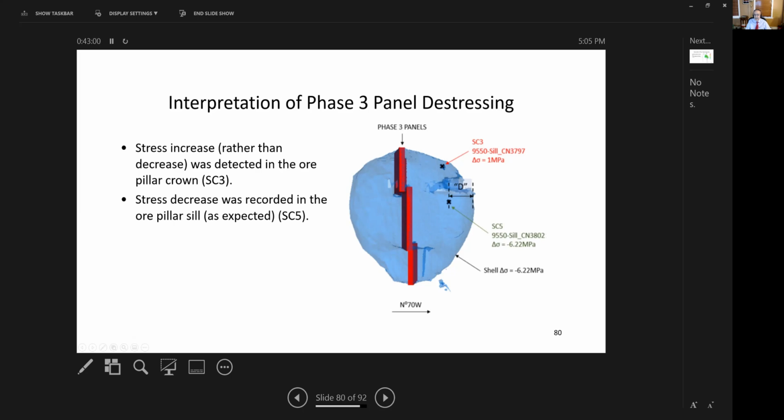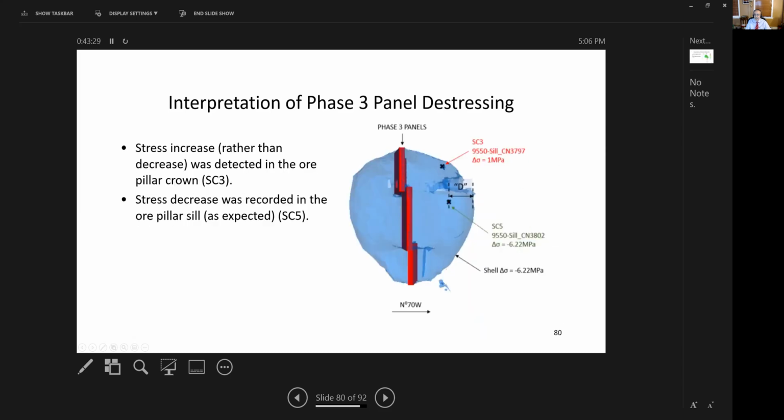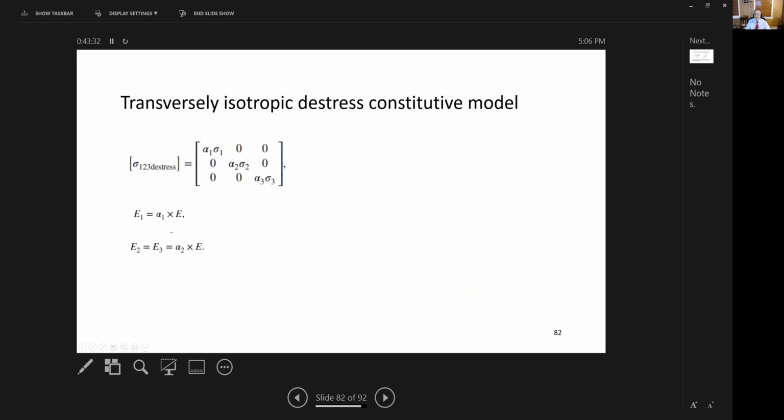And the model is saying if we use alpha and beta of 5 and 95%, it should decrease, but it didn't. At the same time, there was seismic activity triggered by the phase 3 blast. It occurred north of the phase 3 blast. And this pattern suggested to us that weaker stress trapping is taking place around the crown relative to the sill. The sill got well shielded and the stress dropped, but the crown did not.